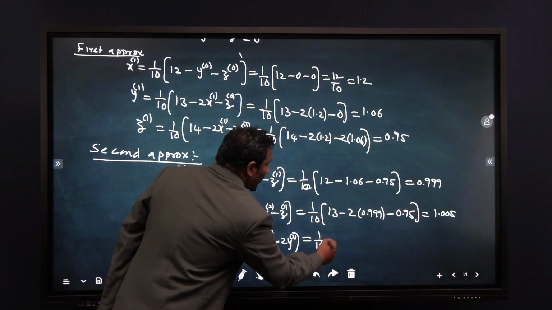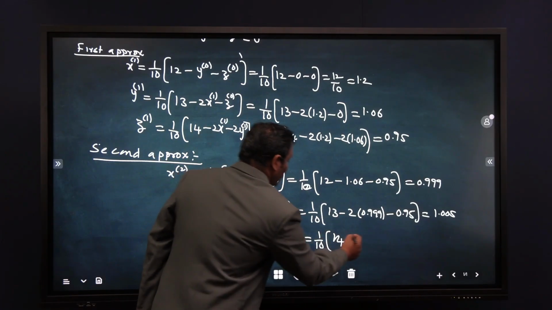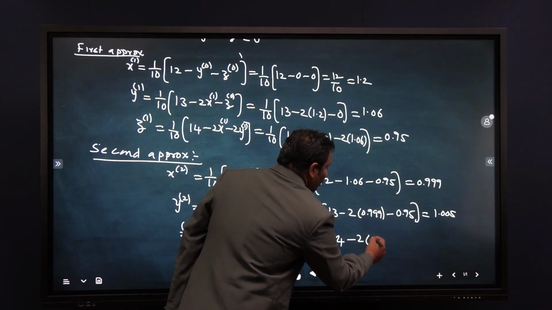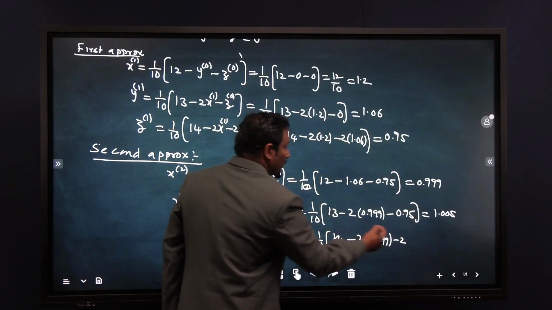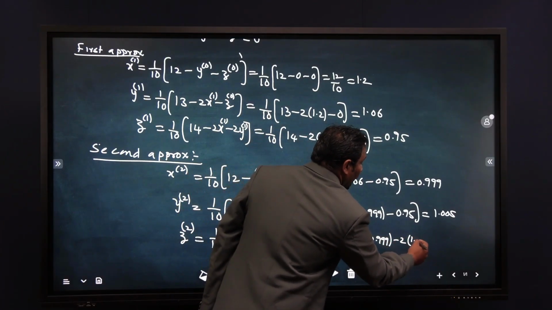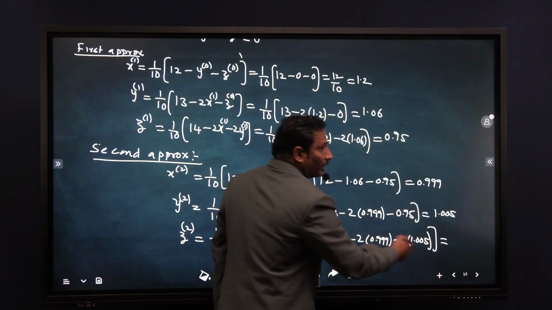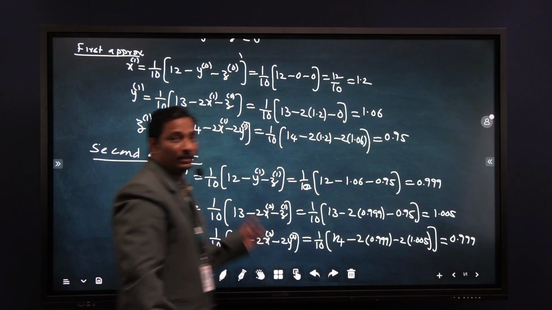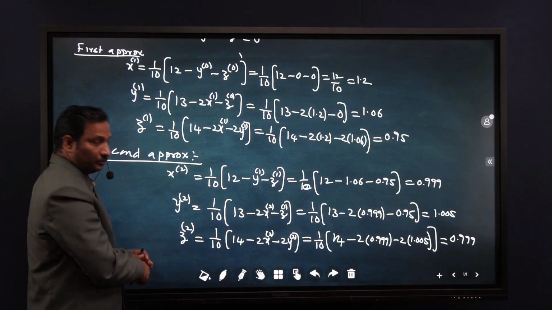So 1 by 10 times of 14 minus 2 into the second approximated value of x, 0.99, minus 2 into the second approximated value of y, 1.005. On simplifying, again we'll get it as 0.999. So these are the second approximations of the given system of equations.